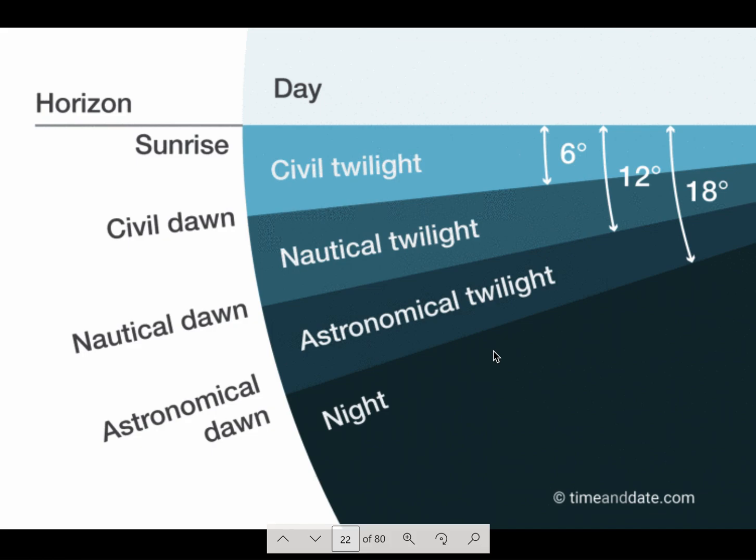The twilight light is some of the best light you could ever shoot. And yes, it requires you to get up at like 5 o'clock in the morning to shoot it. But it's worth it to get some really amazing shots.